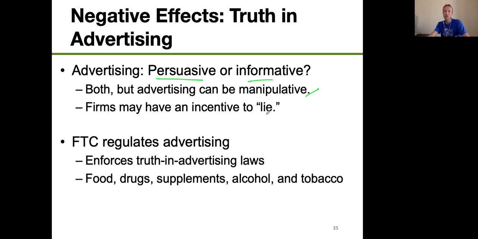So it's not everything, but it's a large swath of the advertisements we see on television. There are truth in advertising laws, but even if there's truth, you still have persuasive advertising all the time, right? And not necessarily informative. Informative would be like, here is some information about our product. Persuasive advertising says, here is why you should buy our product instead of a competitor's product, and this is why your life is going to be better. Persuasive, okay? And so firms have an incentive to engage in this sort of persuasive advertising, and as a socially benevolent dictator, we put on our hat, we must think that this is not beneficial for society.